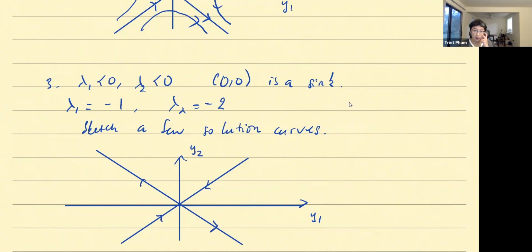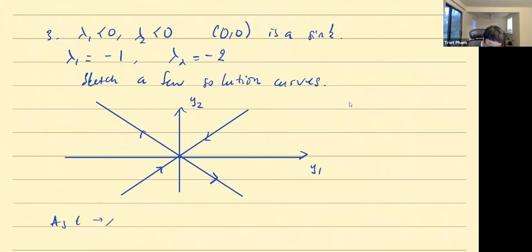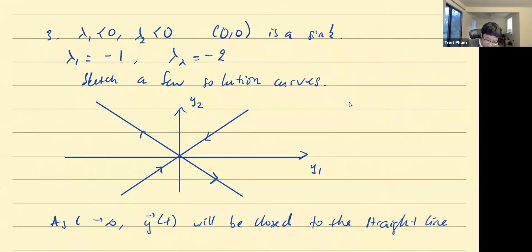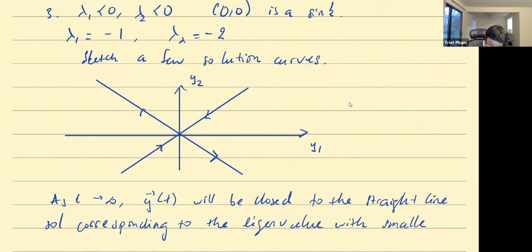All right. Now, here the asymptotic makes sense. The asymptotic is as t goes to infinity. Here, as t goes to infinity, y(t) will be close to the straight line solution corresponding to the eigenvalue with smaller absolute value.